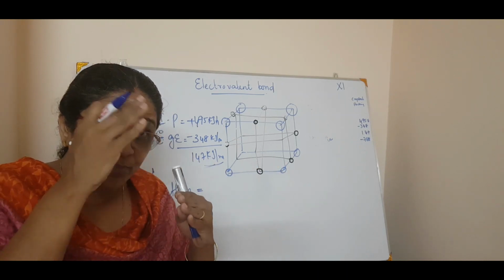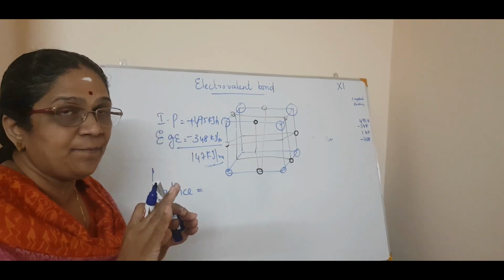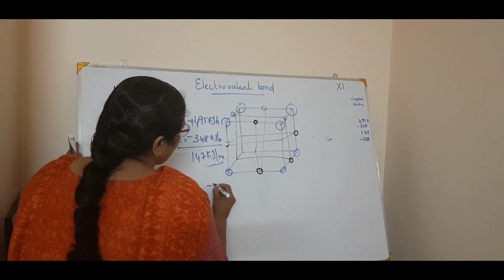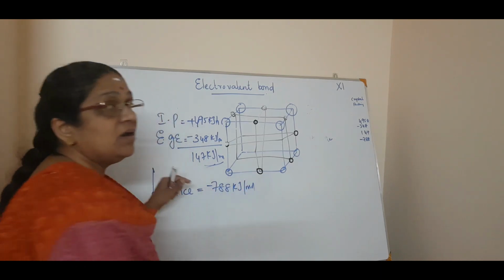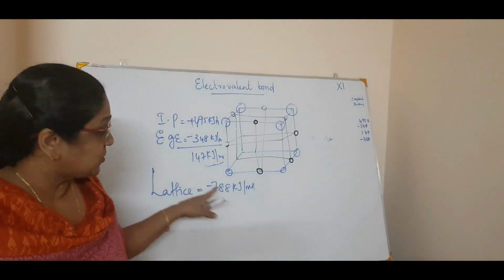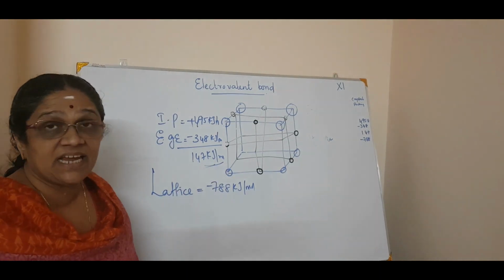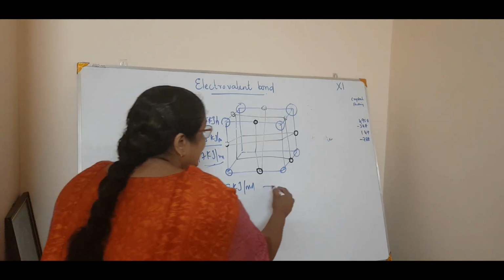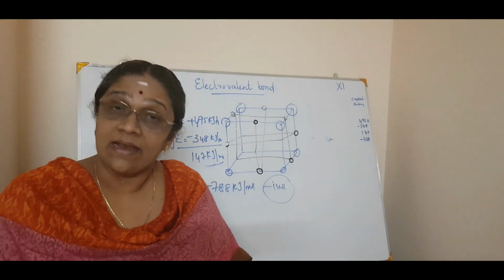Whenever a bond is broken, energy should be given. That is the funda. Okay. So, lattice energy was found to be 788 kilojoule per mole. So, again the difference is what? Plus 147 and minus 788. The difference will be negative. So, that is why the delta H value is negative.